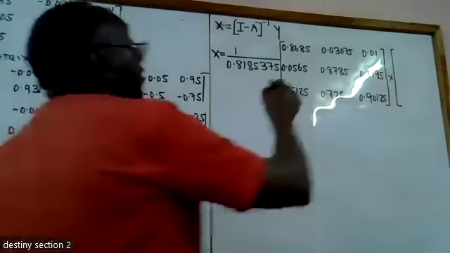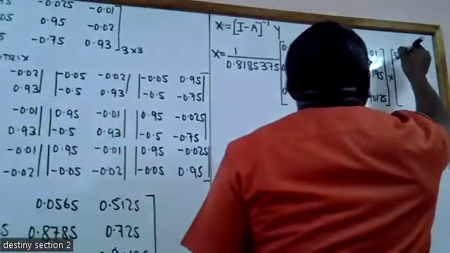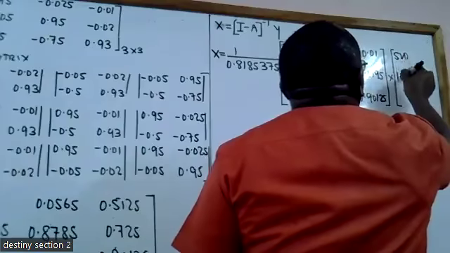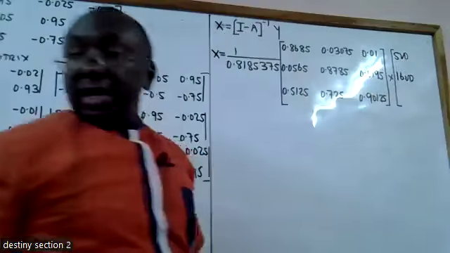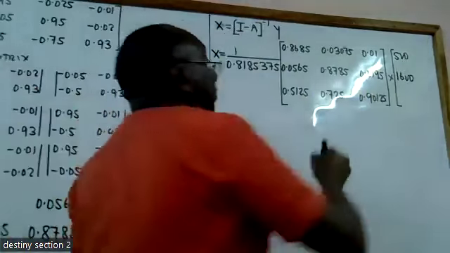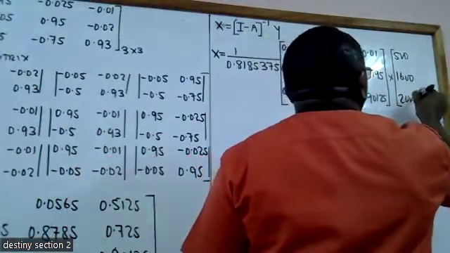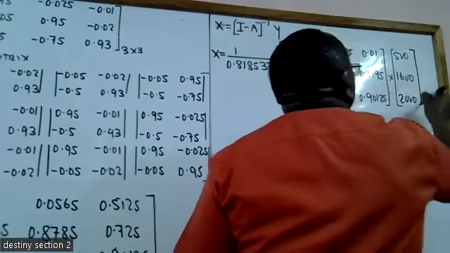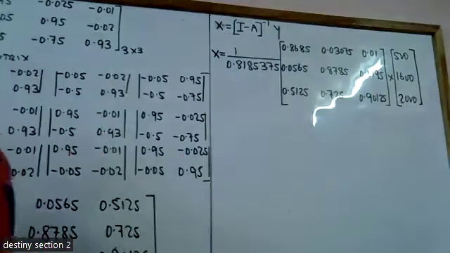So this is 500 here. This is 1,600. Na huyu mwingine ni 2,000. That way.